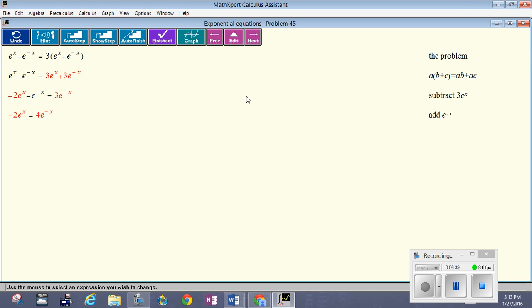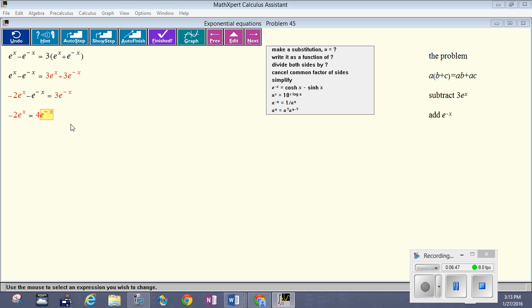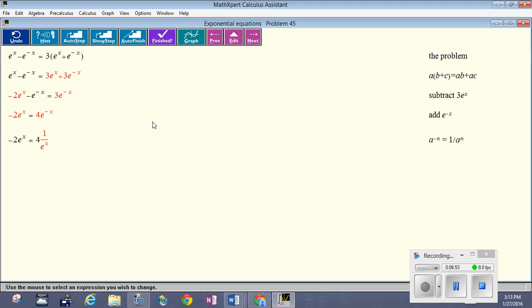Okay, and that's what we got there. Now, of course, e to the negative x is otherwise known as 1 over e to the positive x. Yes, giving me this. Okay, and now I could simply cross multiply.